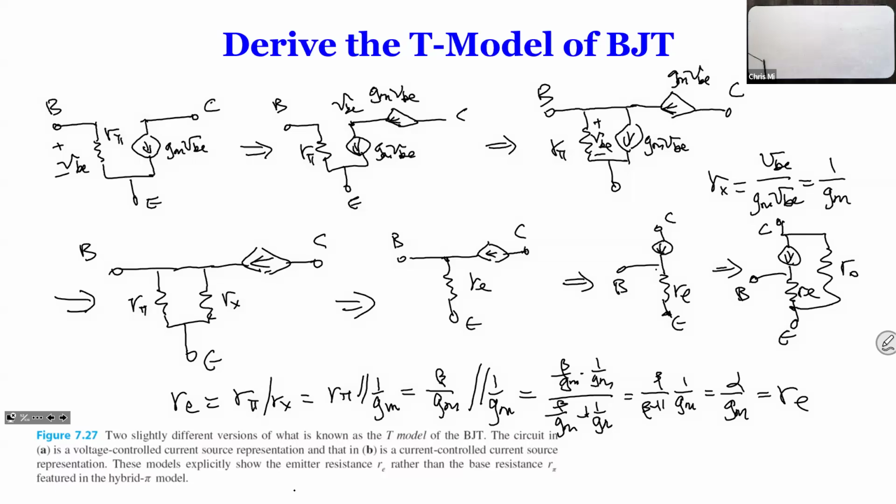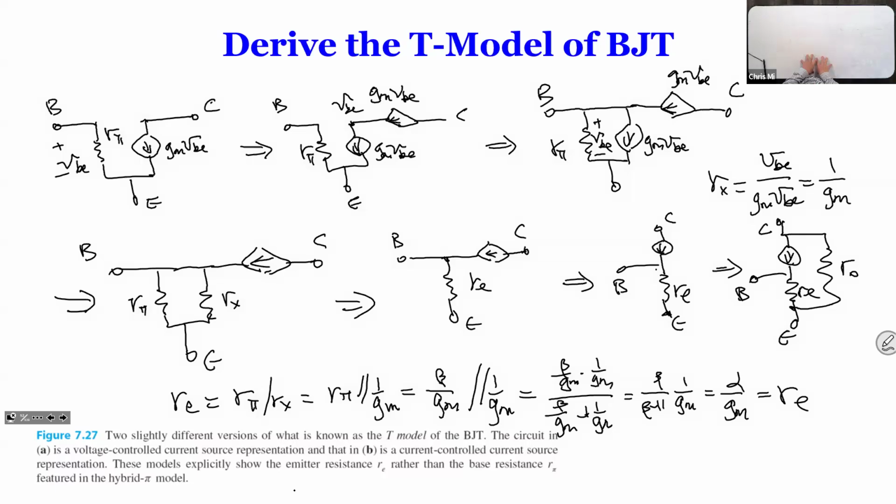The second point, between the pi model and the T model, is you look at the bottom of the transistor, like the source or the emitter. Is there anything there? Is your emitter grounded? Is your source grounded? If your source is grounded, go with the pi model.